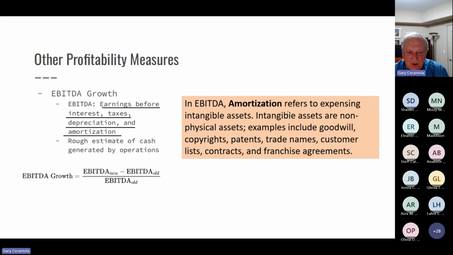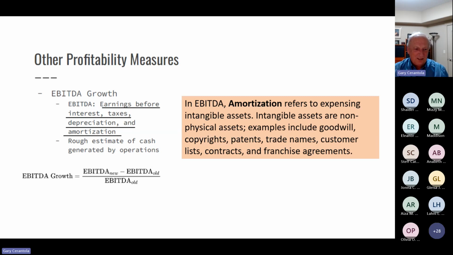But just so you understand what amortization is, it refers to expensing intangible assets, let's say copyrights. So let's say that you've spent money on copyrights. You don't get anything back for that, right? That's almost like a goodwill thing where you spent money on copyrights, and say you spent $100,000.